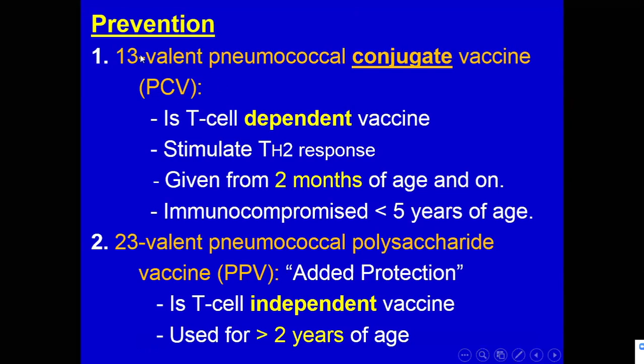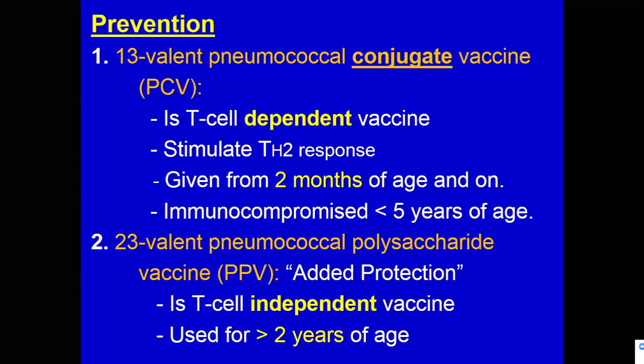Prevention: we have two types of vaccines. The 13-valent pneumococcal conjugate vaccine, PCV, look at the word conjugate, and the 23-valent pneumococcal polysaccharide vaccine, PPV. We said we have more than 90 serotypes of capsular material, reaching up to 100.